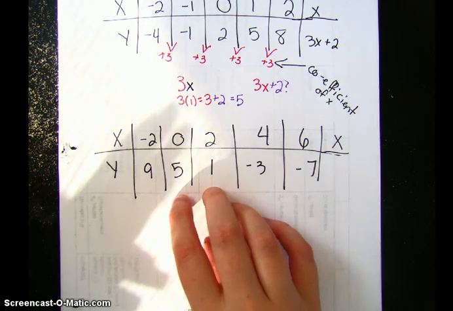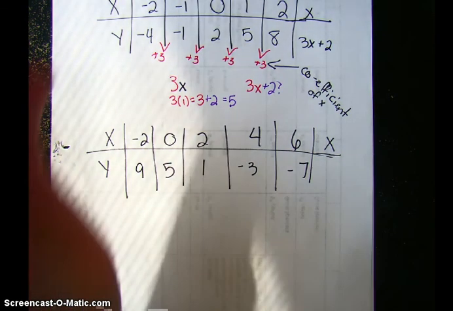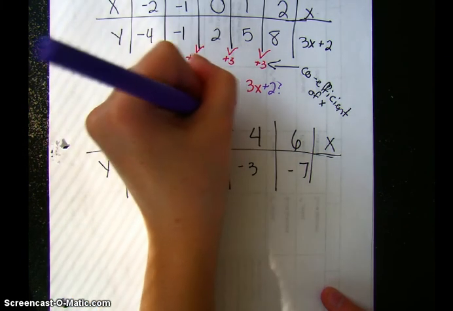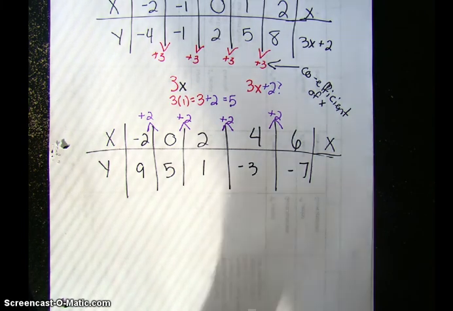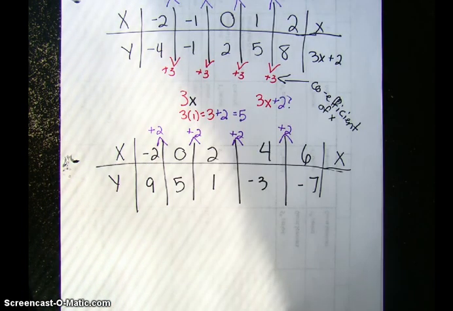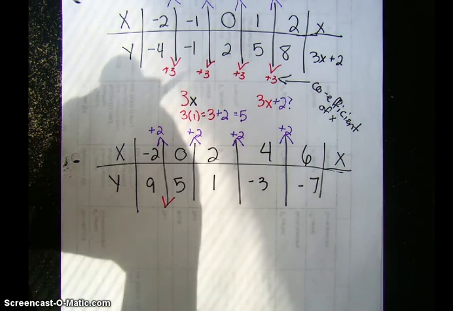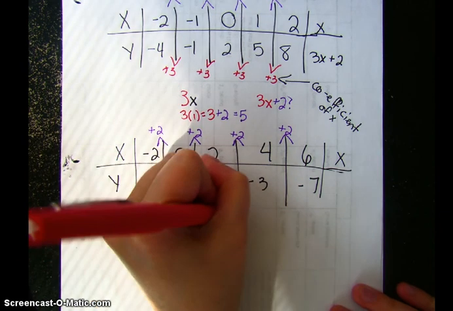Now, this one is a little different because if we look at the inputs, they are going up by 2 each time. And the method we talked about above only works when you know how much it's going up by when the input is going up by 1. So this one's going up by 2 each time. And here, it looks like this is subtracting 4 each time.